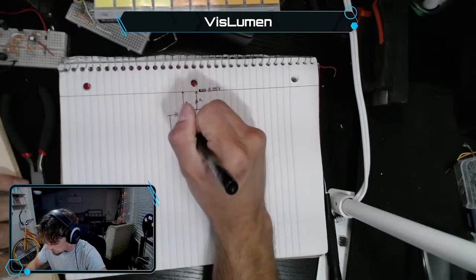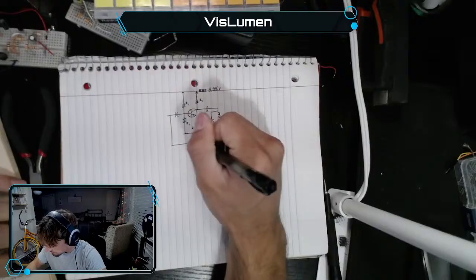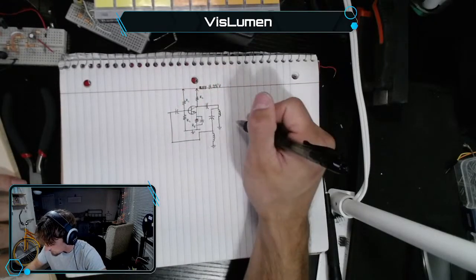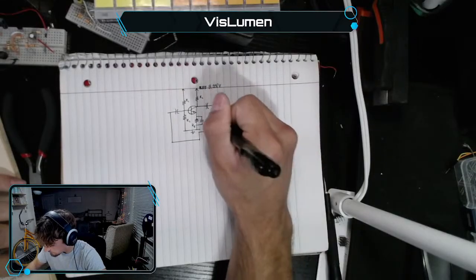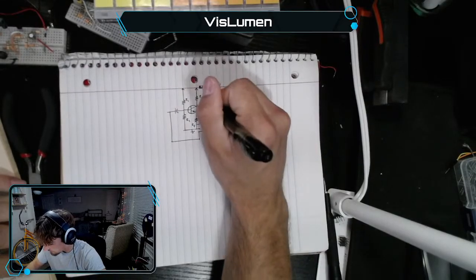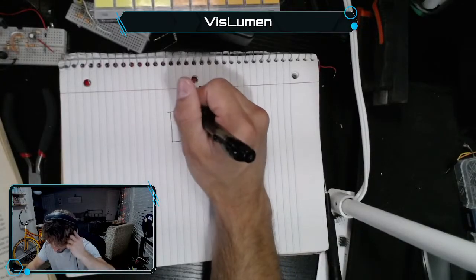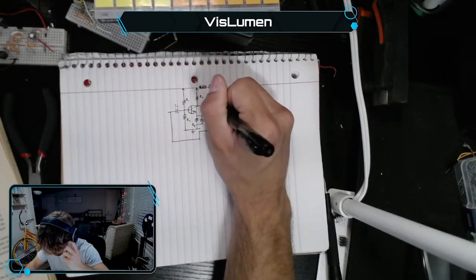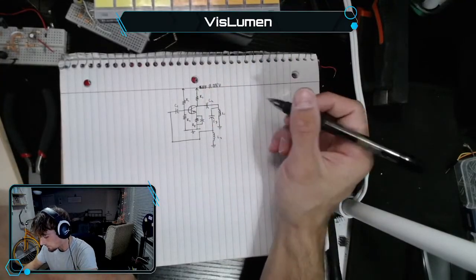RC, R1, R2, RE. Yep. Okay. L1, L2, C3. Oh yeah, is that C1? I forgot. Yeah, C1, C2. Okay, sure, but we're just gonna look at. Oh, I drew everything. I didn't mean to do that.